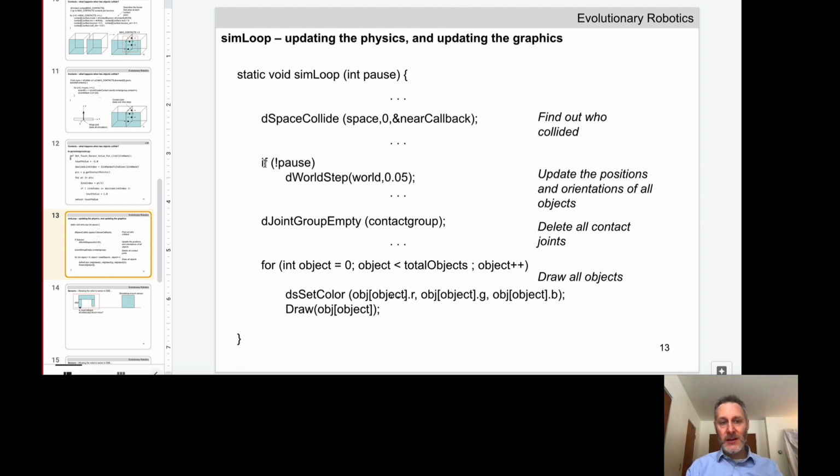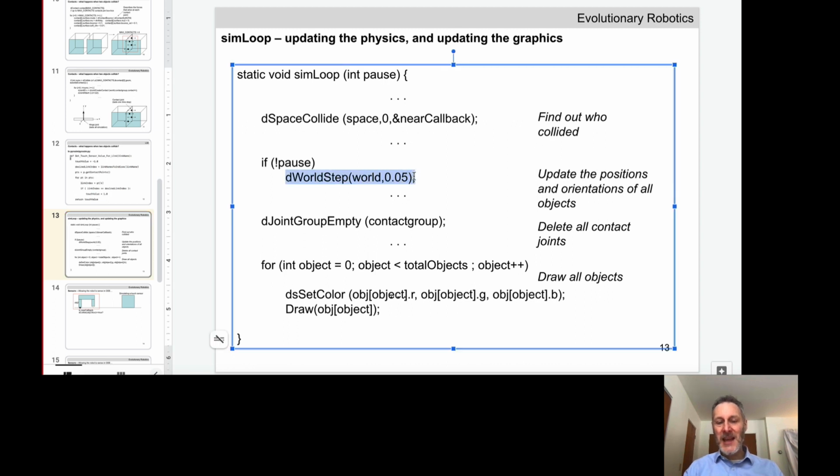At that point, the physics engine knows all of the forces that are acting on every object in your virtual world, and it steps the simulation. This is the magic step. This is the magic part of your physics engine. Inside the step function, you will find somewhere A equals F divided by M: acceleration equals force divided by mass.